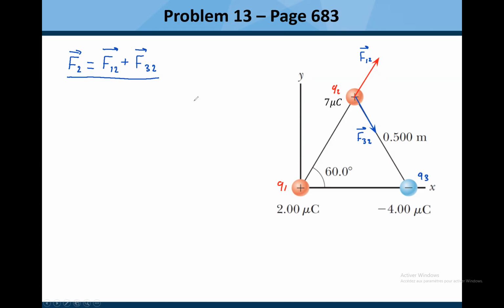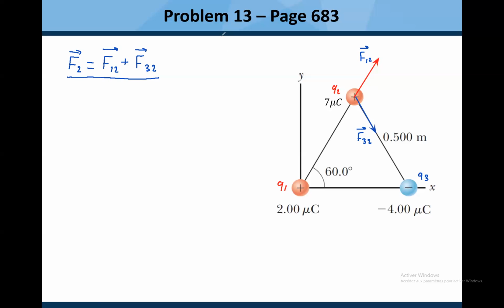Second, we have to choose the x and y axes, in which direction you put x and y. It's very important. I advise you to choose x and y in order to eliminate the maximum number of components.